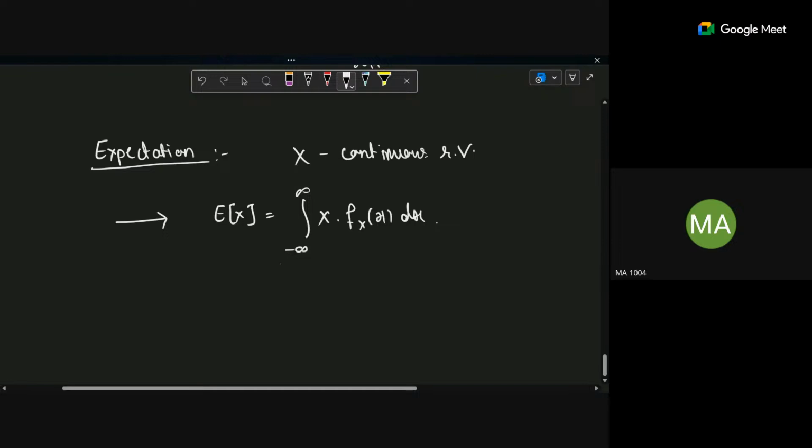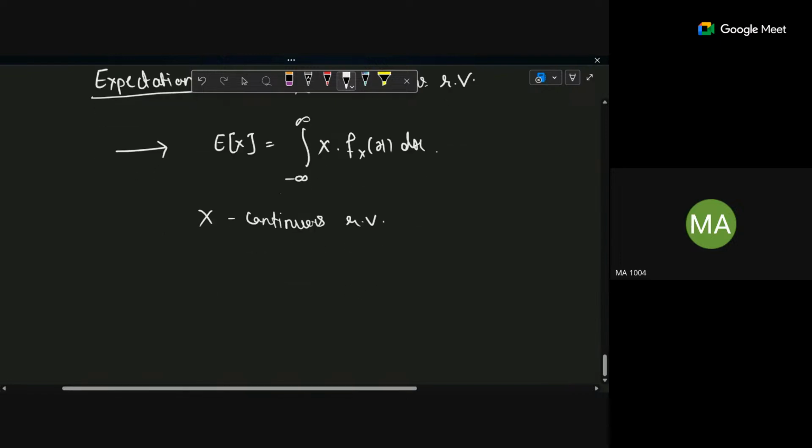But let's say now you have X, a continuous random variable, and there is a function of X, say g of X. Then how will you calculate the expectation of g of X? Yes, ma'am.